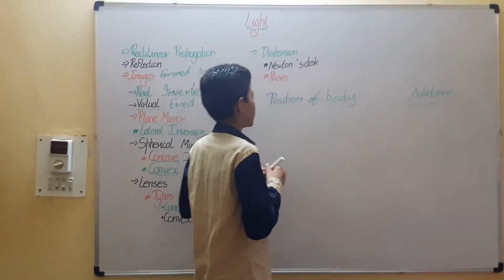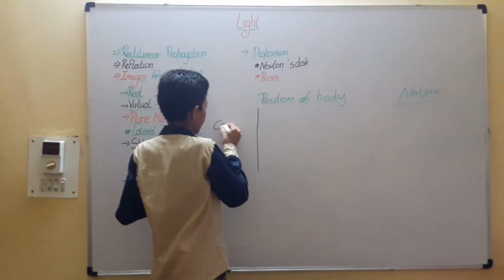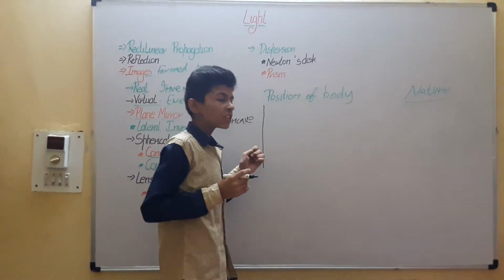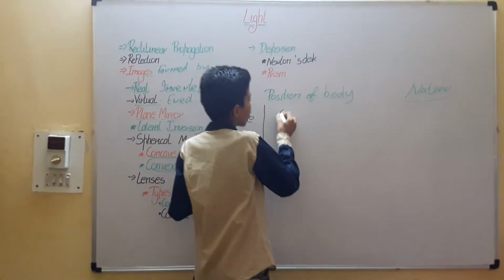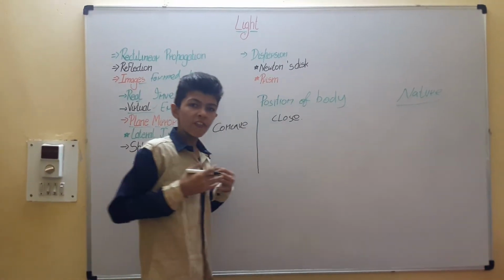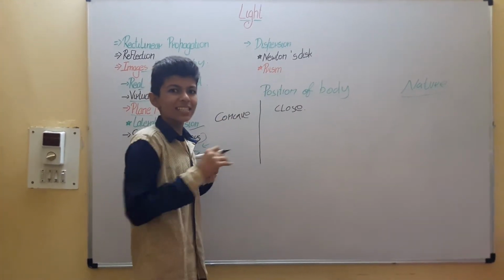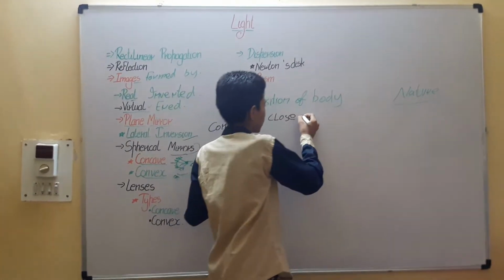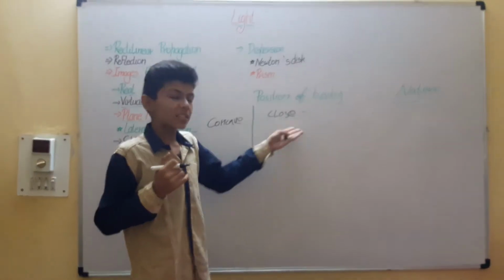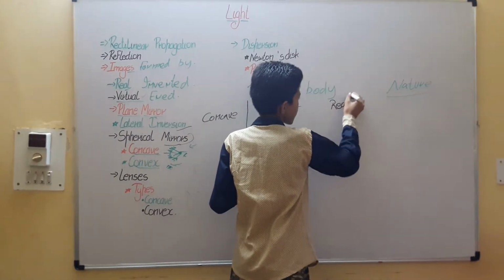So first, let's learn about the concave mirror. When the body is close, not too close and not too far, at a very moderate distance, the image formed by this would be the real image.